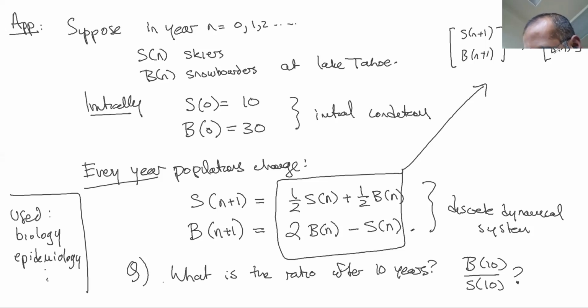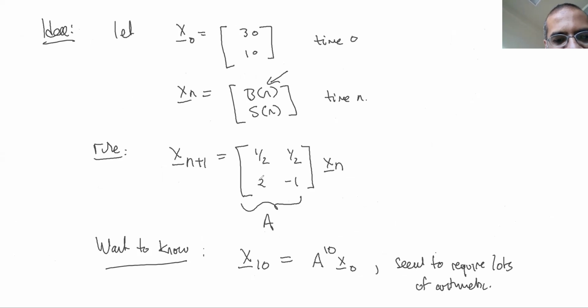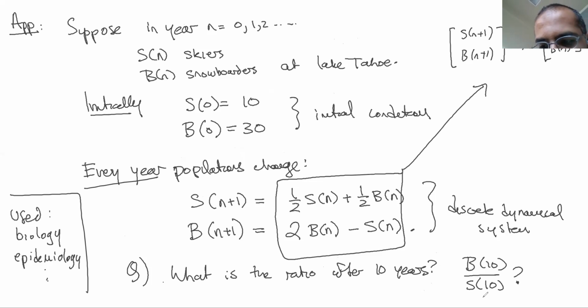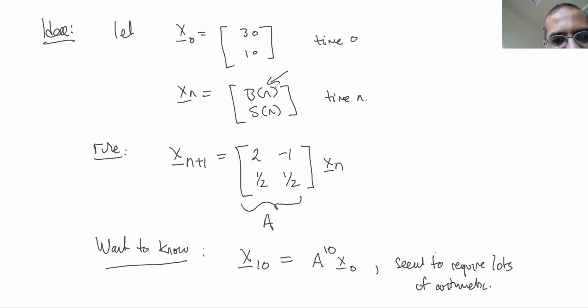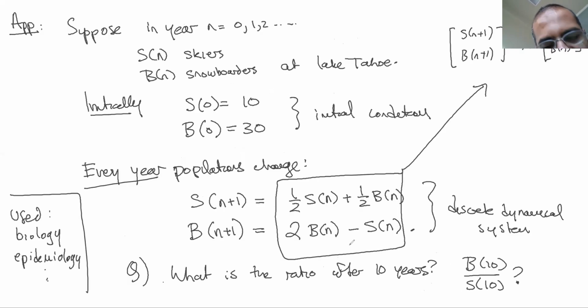Oh, whoops. I'm sorry, I got it backwards. The problem is I put Bn on top, so actually this is going to be reversed. Thanks for catching that. I just swapped them: here I wrote S on top, and here I wrote B on top, so I should have written these in the other order.